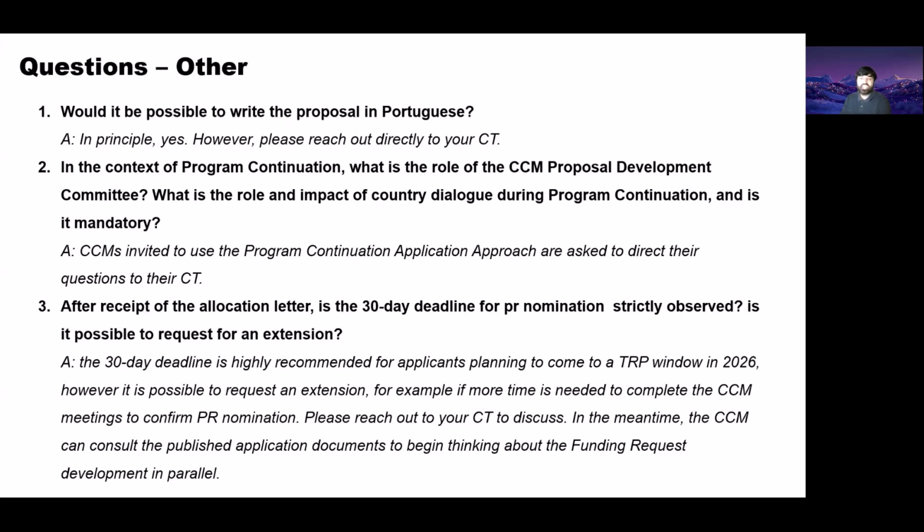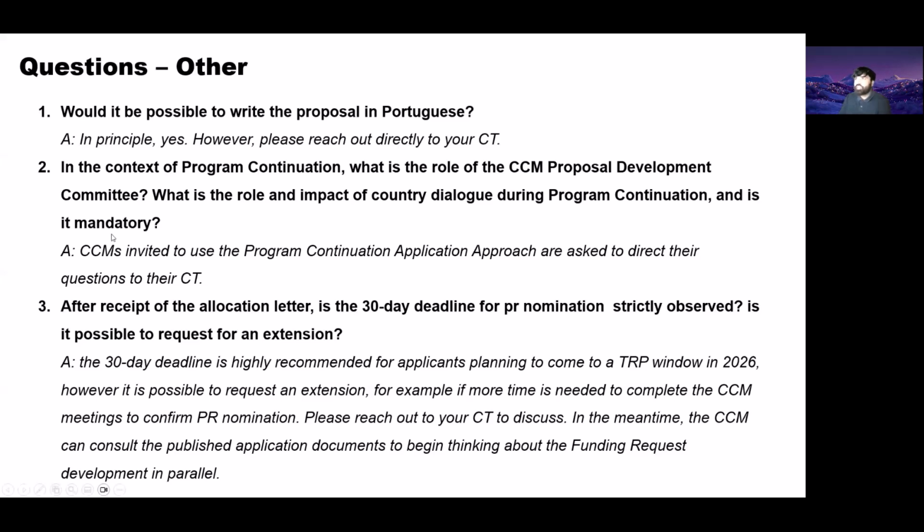In these cases, please reach out to your respective country team focal points to discuss the implications of this, next steps, and any deviations from the expected timeline. And in the meantime, the CCMs can consult published application documents to begin thinking about the funding request development in parallel.